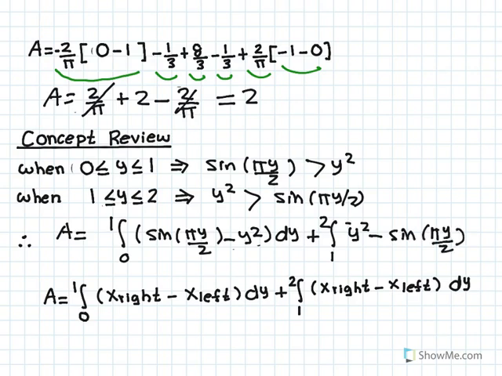And this is the tricky part, splitting it into two separate integrals for two different regions, and it has to be described differently, of course, because of the way it intersects at that point, dy. So it's always x right minus x left. Integrate, and then plus, and then the second integral is x right minus x left.